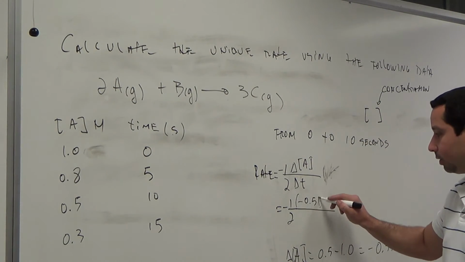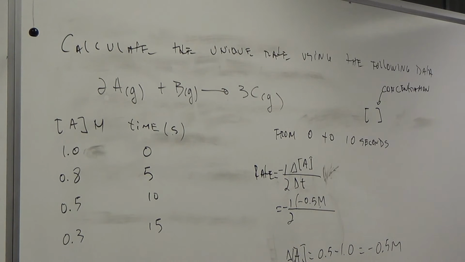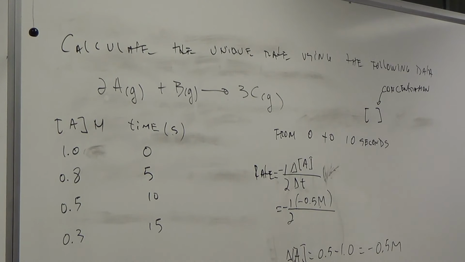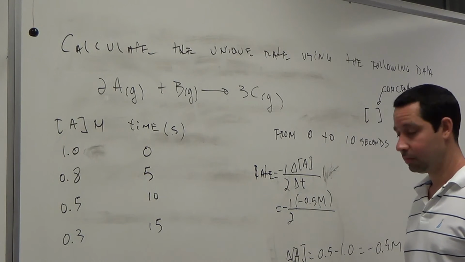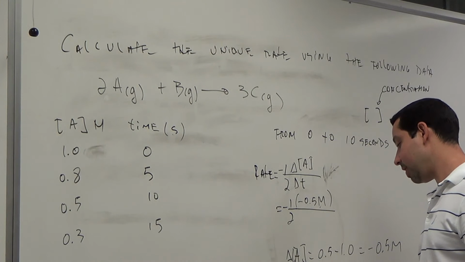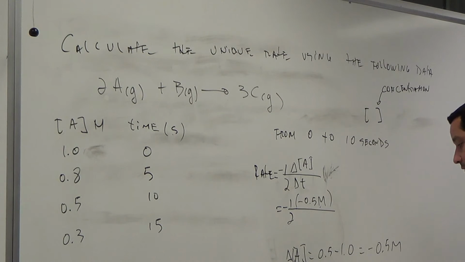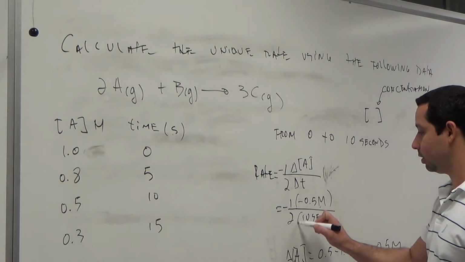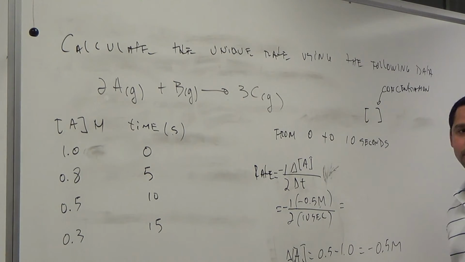This is molarity. Divided by what? The change in time. What's the change in time? 10 seconds. How do you know? It goes from 0 to 10. Change in time is final time, which is 10, minus 0. This is just 10 seconds. So I divide by 10 seconds. What does that give you?